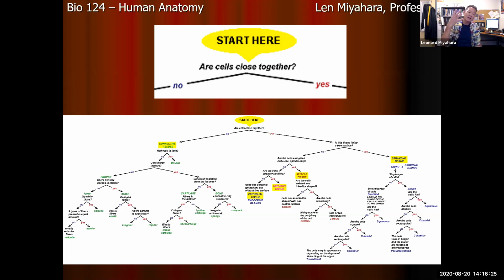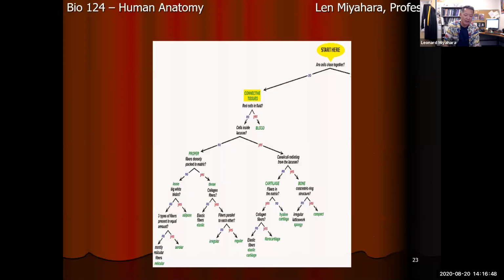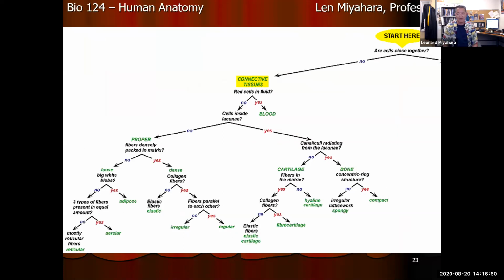Look at this first question and tell me out of the 4 tissue types, which tissue type is this question designed to tease out and separate? Someone tell me. The connective. Connective tissue, because that's the only one where the cells aren't close together. And there it is. If the answer is no, you're in connective tissue.